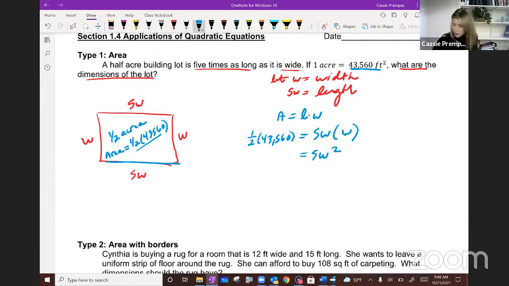I recognize that I need my calculator, so I'm going to go ahead and grab that. There it is.